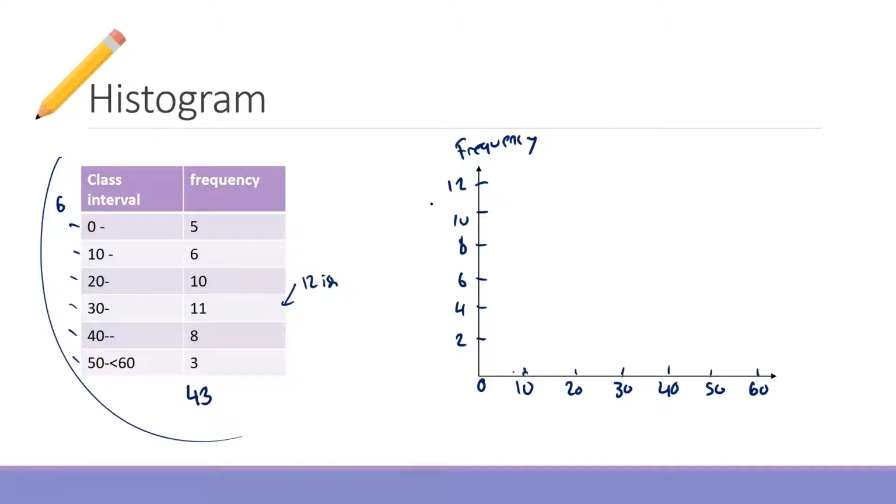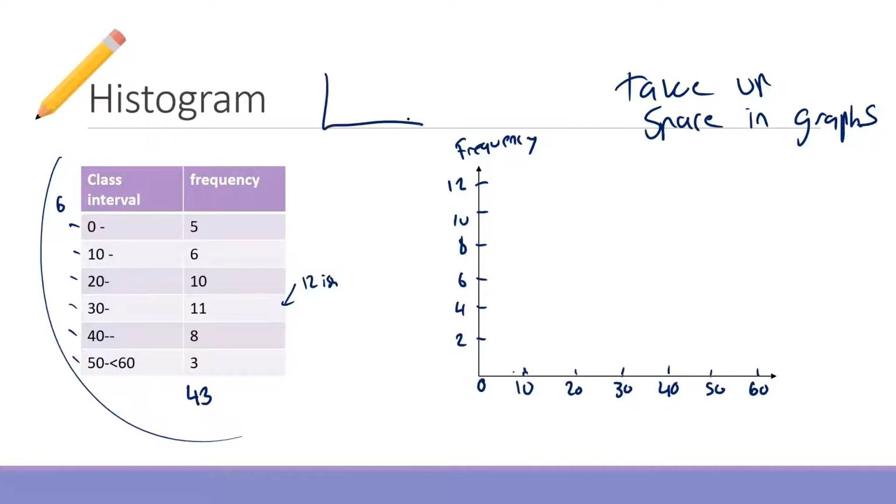And we also want our graph to take up a large amount of space. I actually haven't noticed many of you make this mistake, so I'm really quite happy with you for that. But just for the record, you want to try and take up space in graphs. I've actually seen some examiners of year 12 maths, and they will say, well, you lose a mark because we gave you this massive space and you did your graph in the bottom third of it.